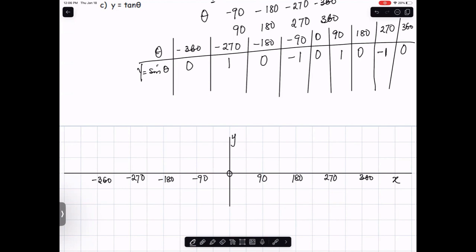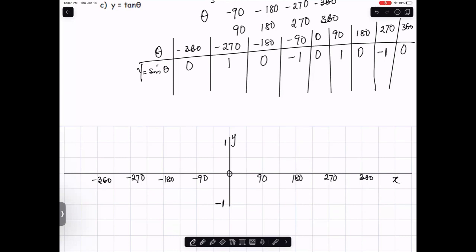So on my y-axis, I'll make this point to be 1, and this point to be -1. So we can plot our sine graph from the values given.